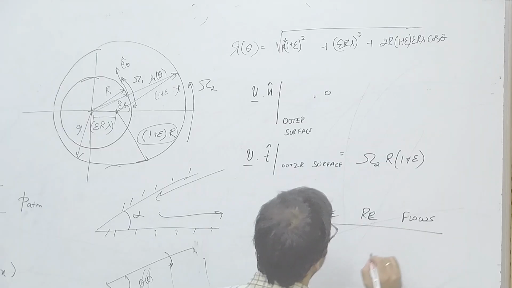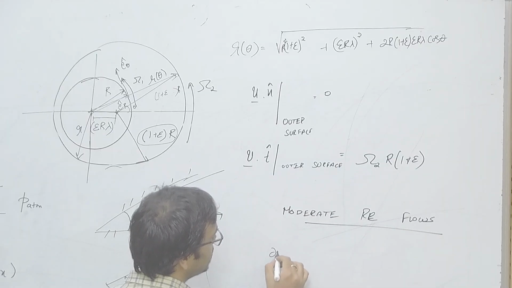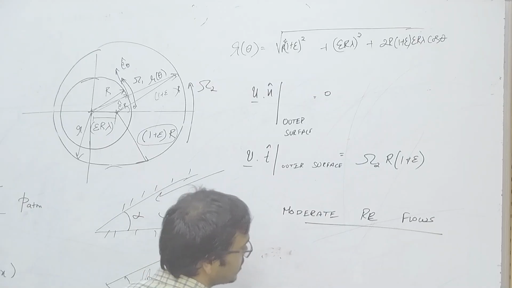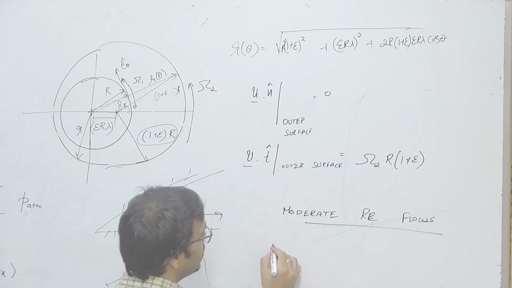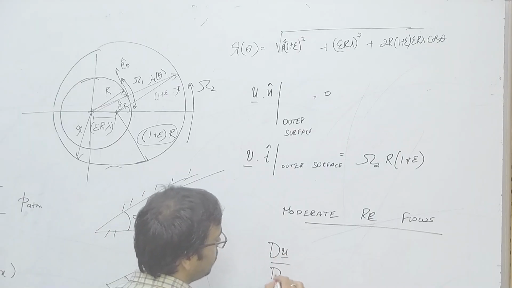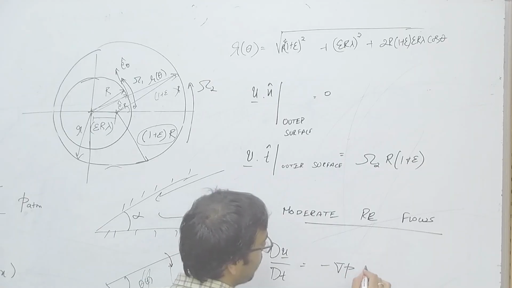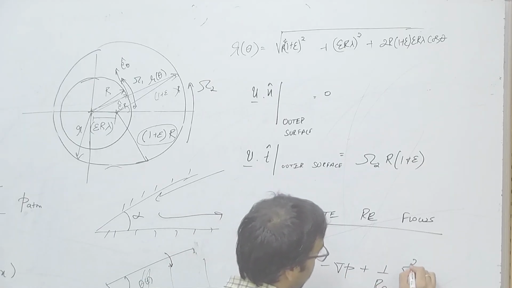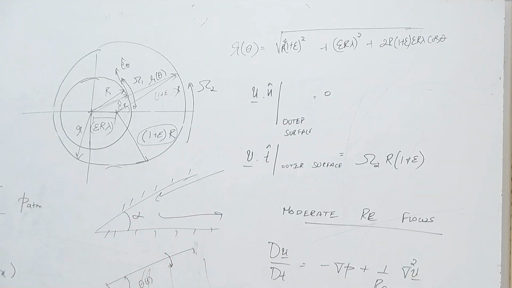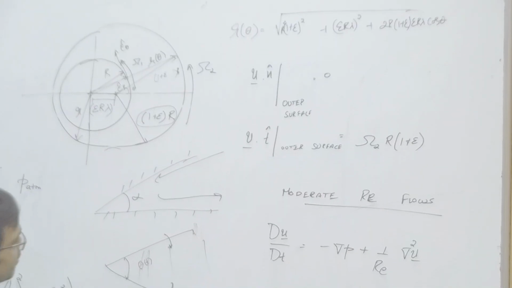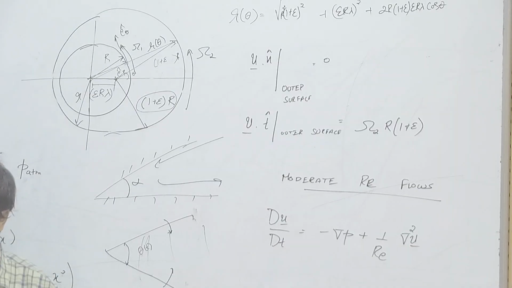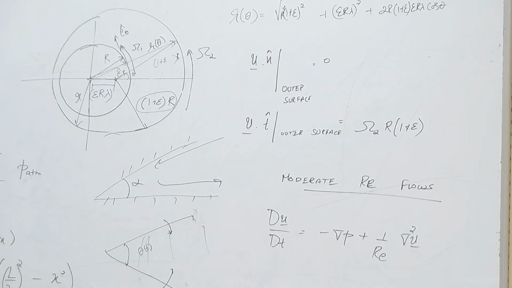If you remember our dimensionless governing equation, the dimensionless momentum equation, moderate Reynolds number flows are not really very interesting, because we cannot apply any simplifications or approximations. If your Reynolds number is moderate, then all terms are in a way balanced and important in the equation.